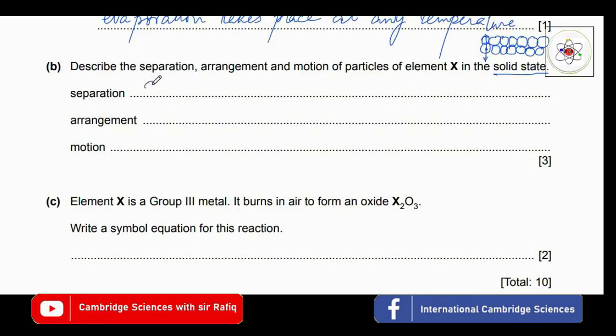So separation is closely packed or tightly packed, and arrangement is obviously in order or in layers, and motion, they oscillate or they vibrate. All right.